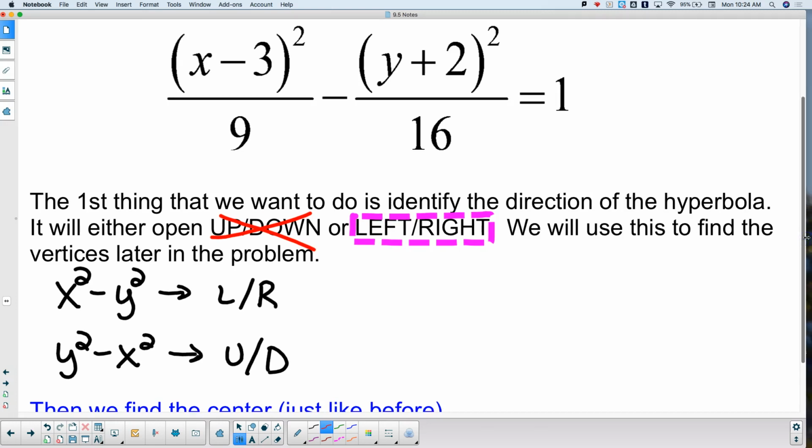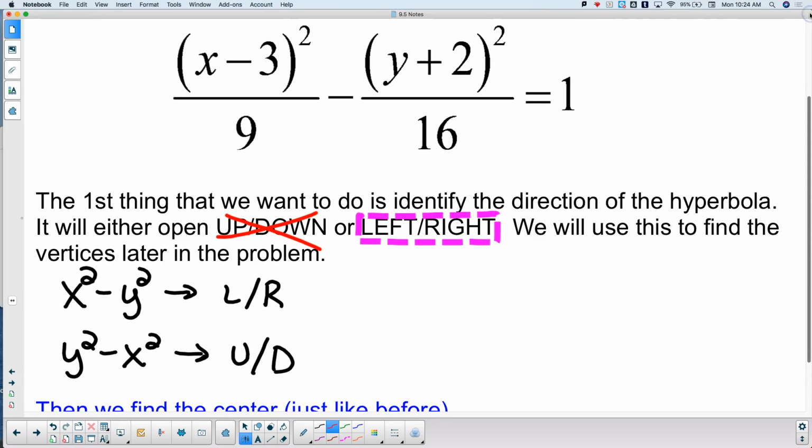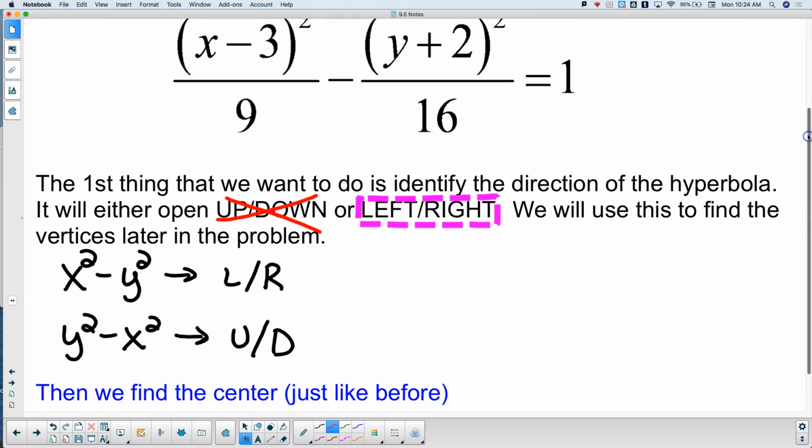And the first thing that we are going to do then is find the center, just like we did in parabolas, circles, and then ellipses. So Colin, where is the center of this hyperbola? 3, -2.